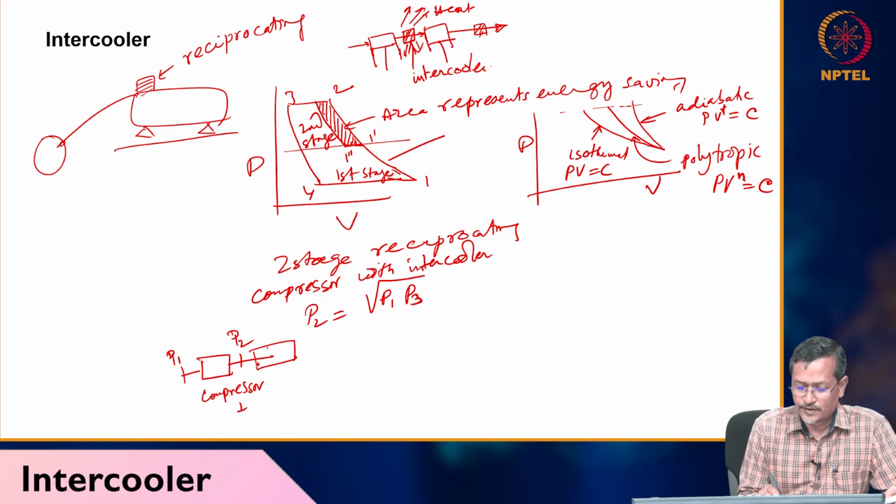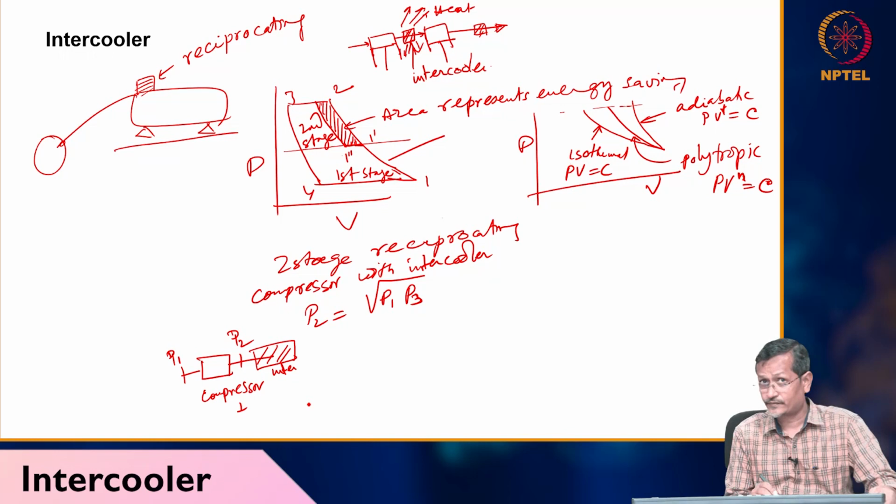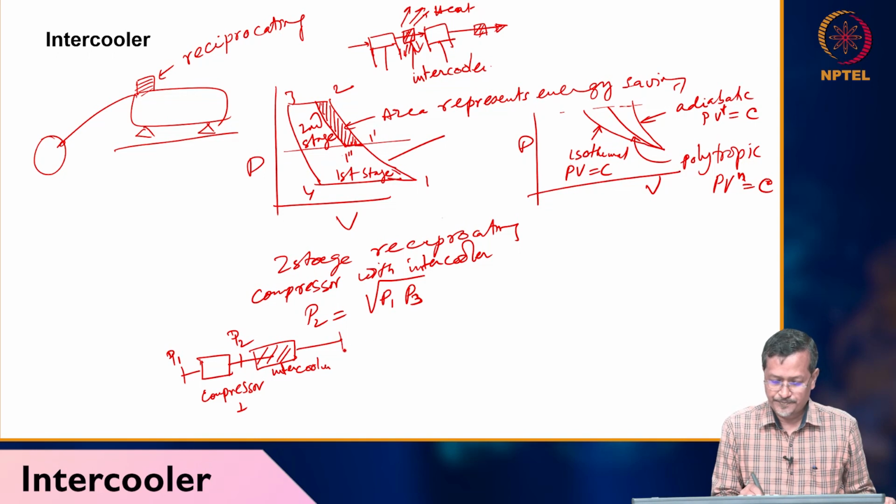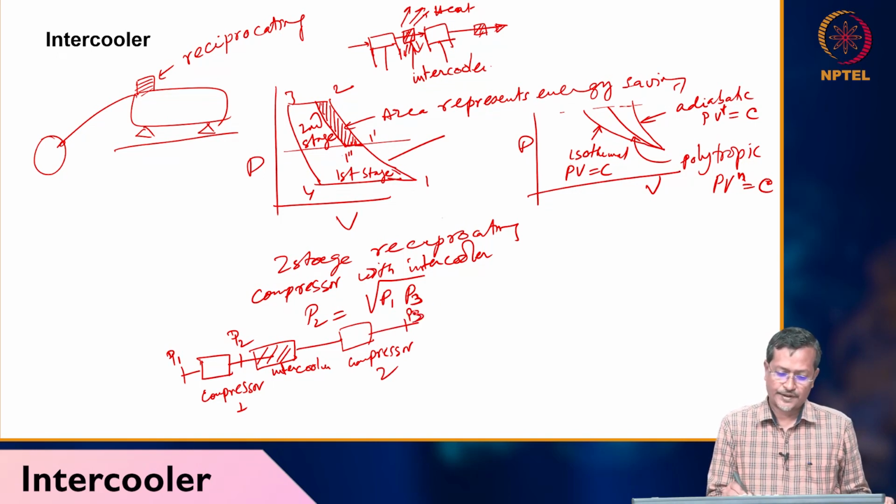Now you have an intercooler. So P2 is the pressure after compressor 1, and we have an intercooler, then compressor 2 and the pressure is P3. Then the intercooler pressure will be P2 equals square root of P1 into P3.